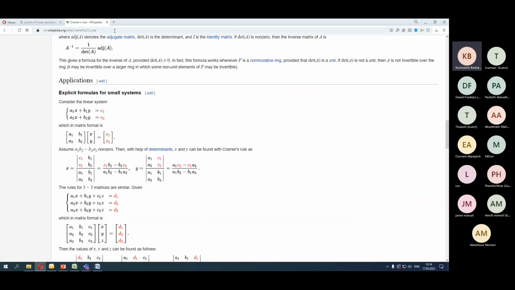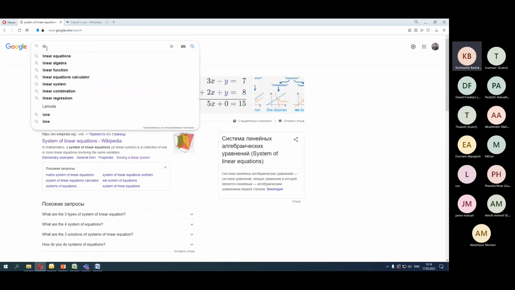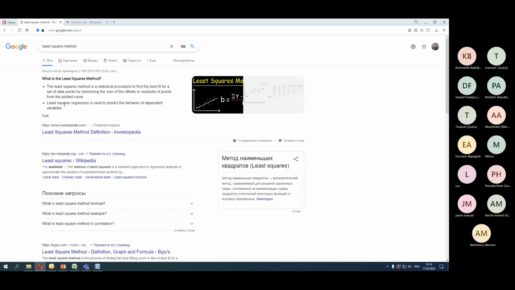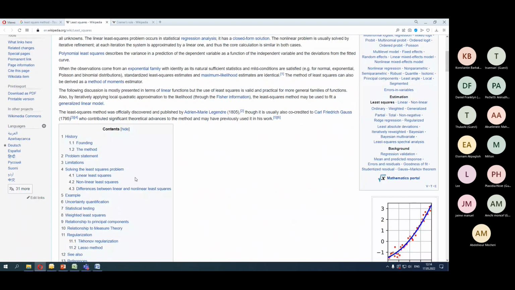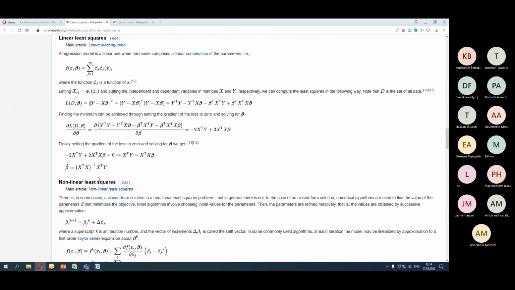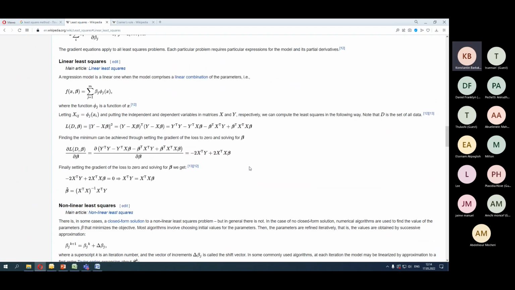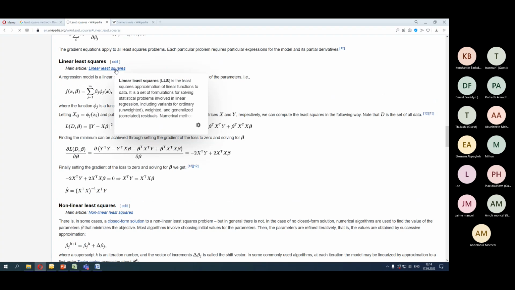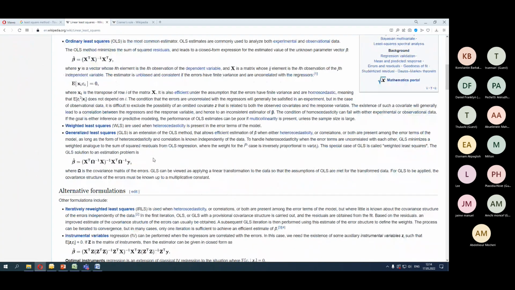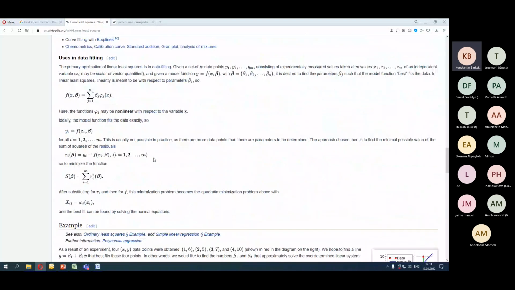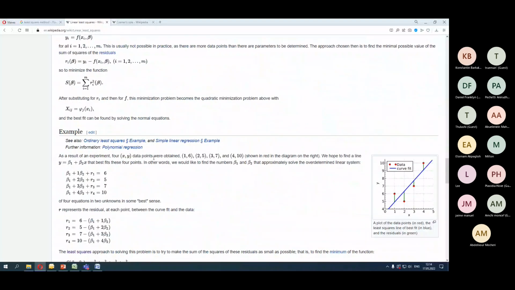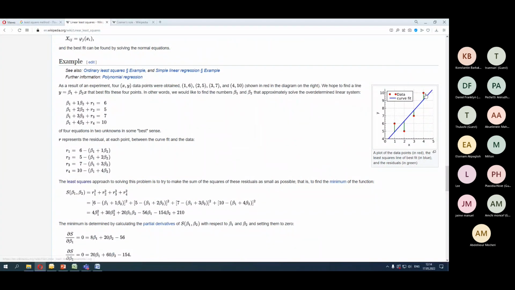Also, you can find the least squares method formulated in a very general form.